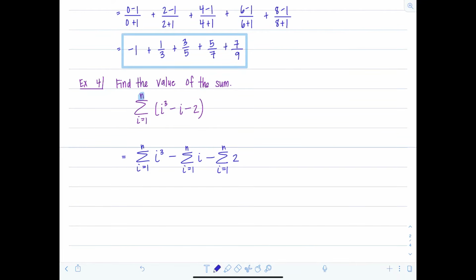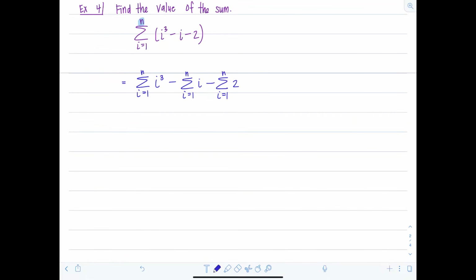And then based on the formulas that I listed earlier, I can replace the sum i equals 1 to n of i cubed with n times n plus 1 over 2, squared, minus, now this sum, that's the one little Gauss came up with, so we have n times n plus 1 over 2, minus, and then remember a constant summed from 1 to n is just going to be the constant times n.